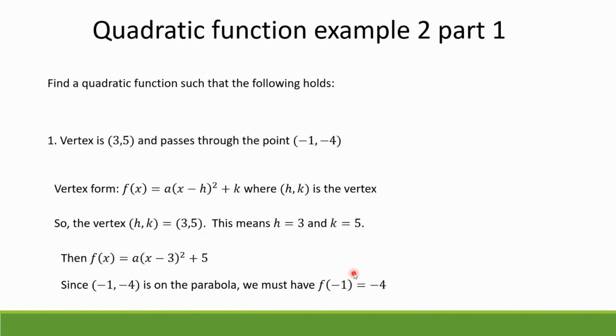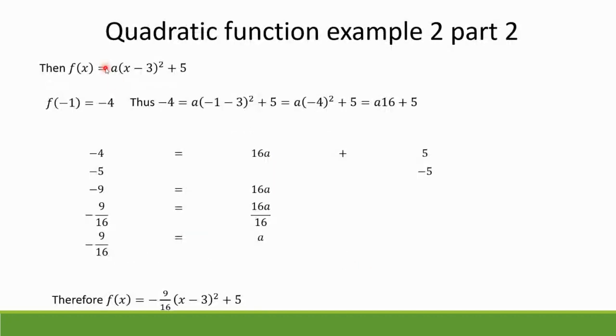Okay, that's good. So we're going to use that, right? When x is -1, we must get back -4. So that's what I'm using here. So we replace x by -1. We do some calculation, right? We have -4 equals this.